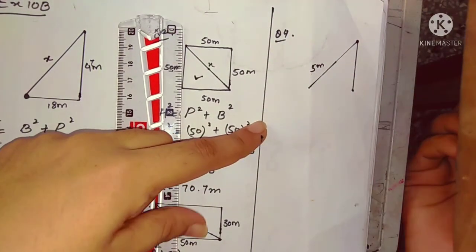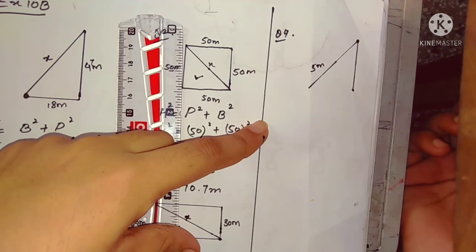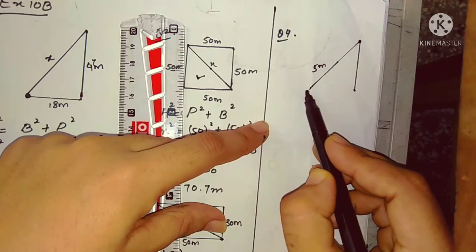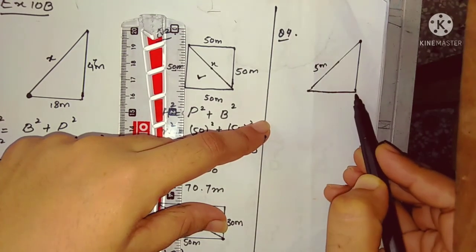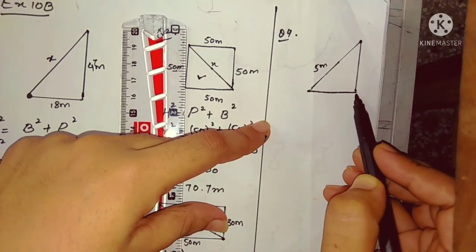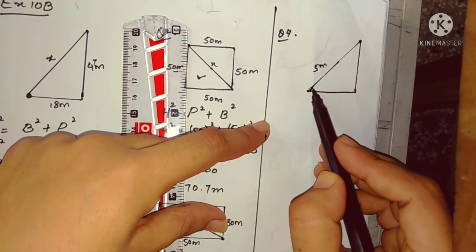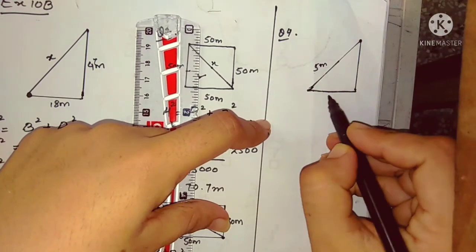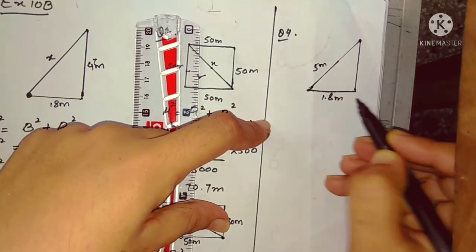Now this is the foot of the ladder, and this is the base of the wall. So it is 1.8 meter away from the base of the wall. So this is 1.8 meter.